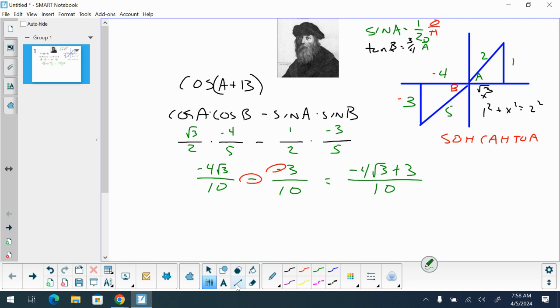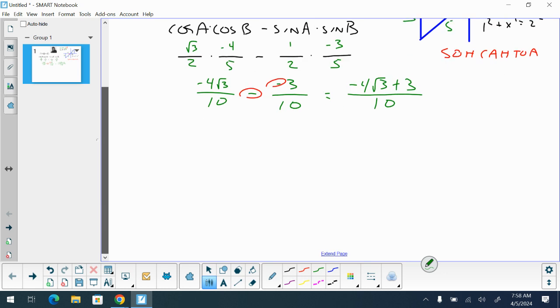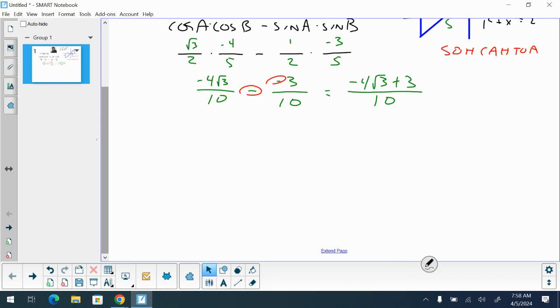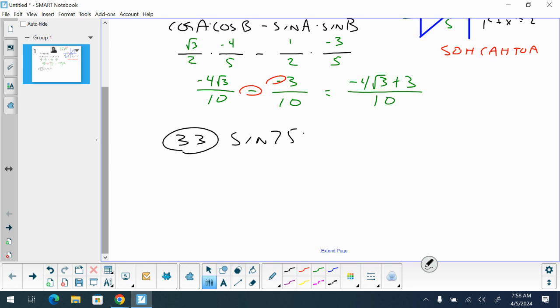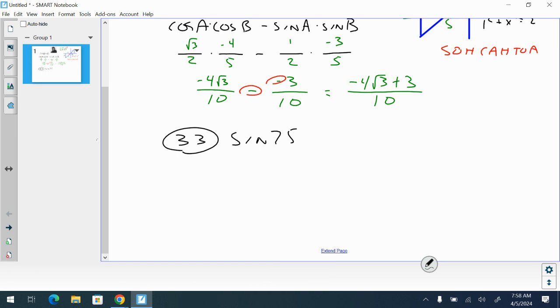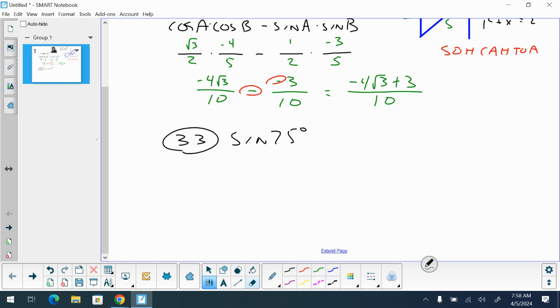We take a look at 33. They want us to find the sine of 75 degrees. This goes back to what we talked about yesterday.